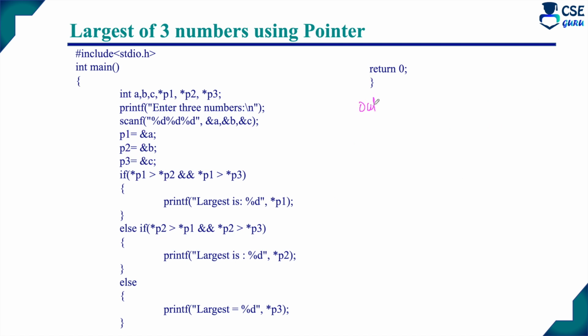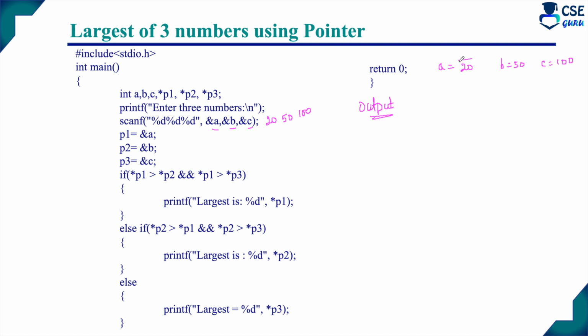So for the output, here we input 3 variables. I am giving 20, 50 and 100. Here A value is 20, B value is 50 and C value is 100.